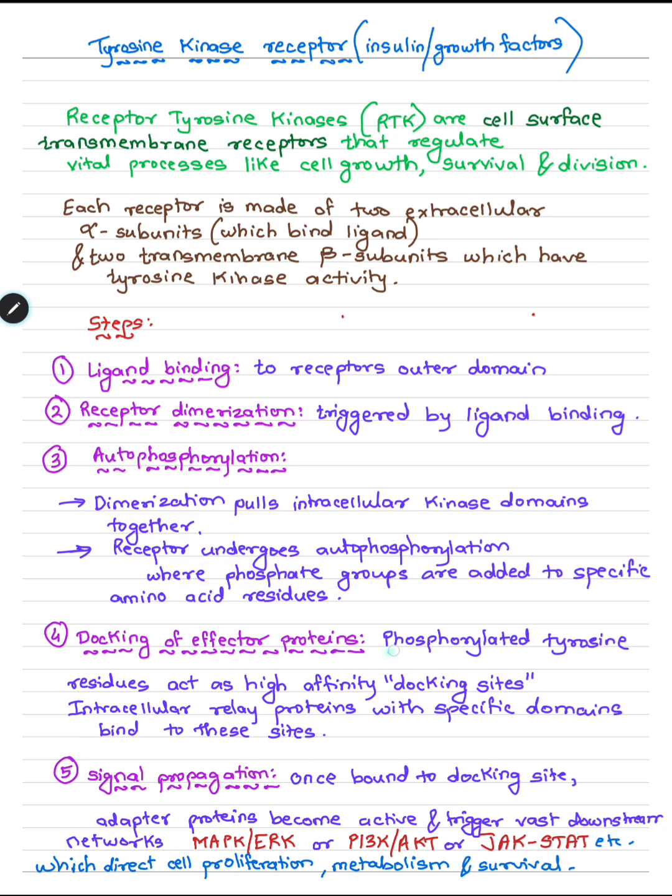Docking of effector proteins. The phosphorylated tyrosine kinase residues act as high affinity docking sites. Intracellular relay proteins with specific domains bind to these sites.